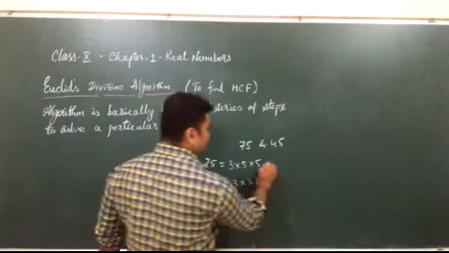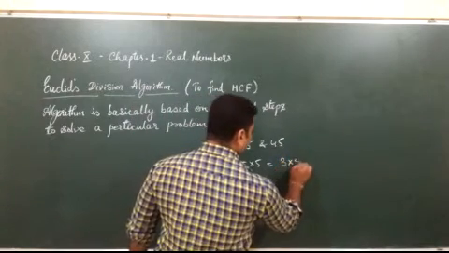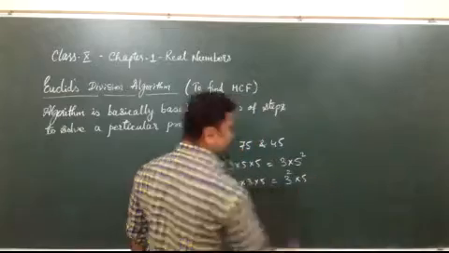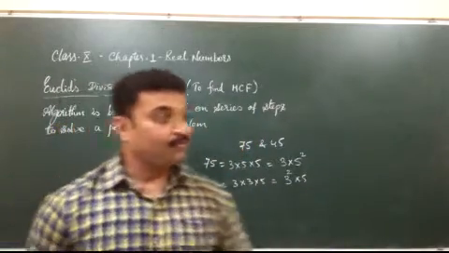Now we can write it as 3 into 5 to the power 2 and 3 to the power 2 into 5. So how do we find the HCF?